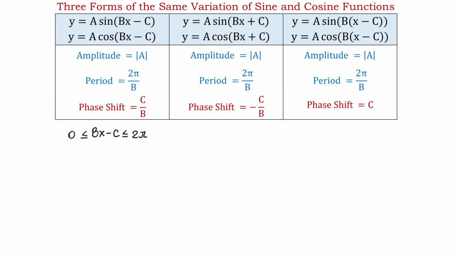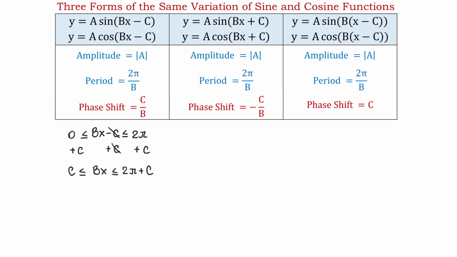Now we need to solve this inequality for x, and for this we will start by adding c to all three parts. To the left, 0 plus c is c. In the middle, negative c and positive c will cancel, and we will have bx, and to the right, we will have 2 pi plus c.